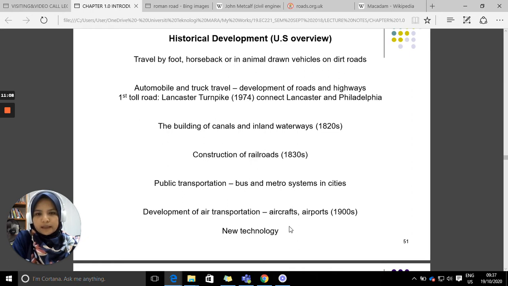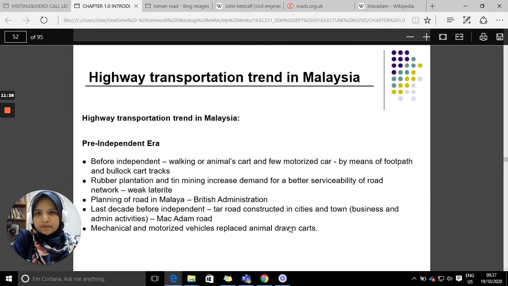What are the ITS, or the advancement of the facilities with regards to transportation all over the world? There are lots of advancement, especially related to ICT. Okay? What about in Malaysia?